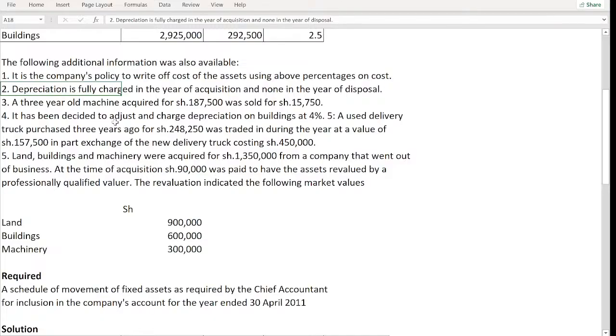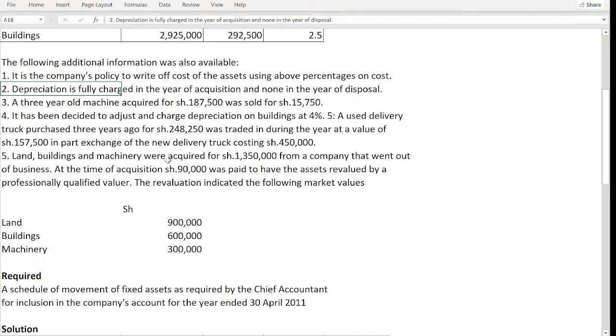It has been decided to adjust and charge depreciation on buildings at 4% in 5 years. The delivery truck purchased 3 years ago for 248,250 was traded in during the year at a value of 157,500 in part exchange for the new delivery truck costing 450.